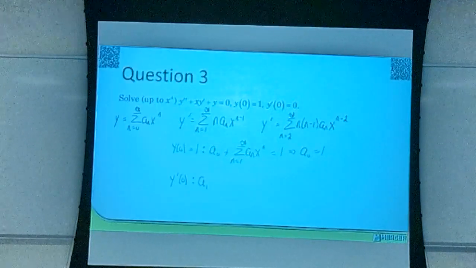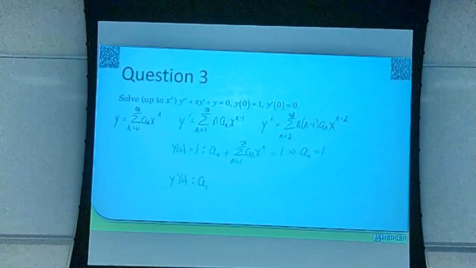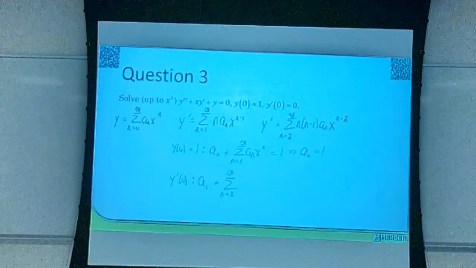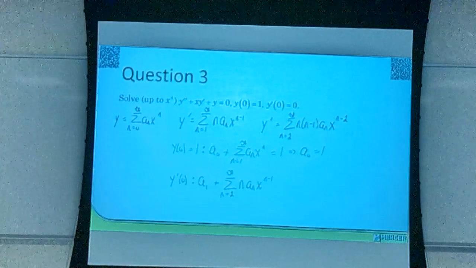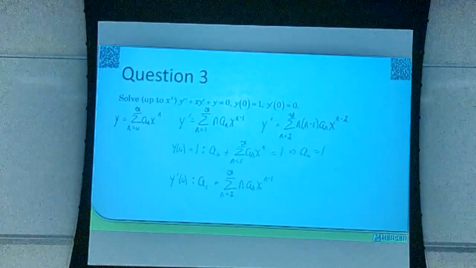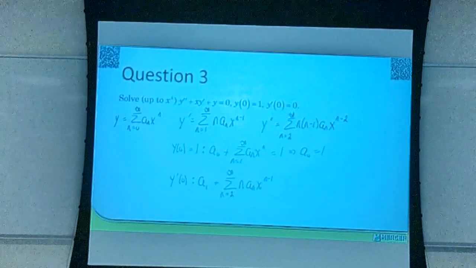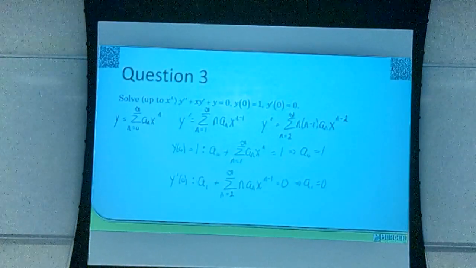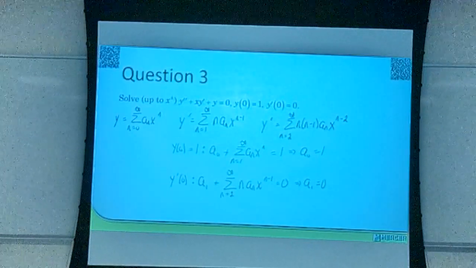And 1 times a sub 1 times x to the 0. And again, each of those terms in that sum now has an x associated with it. At 0, that sum just goes to 0. Which means a1 will have to be 0. Now we know what a naught and a1 are.